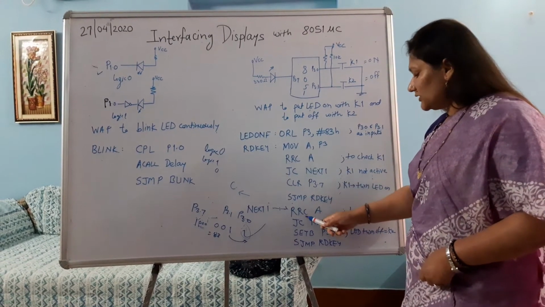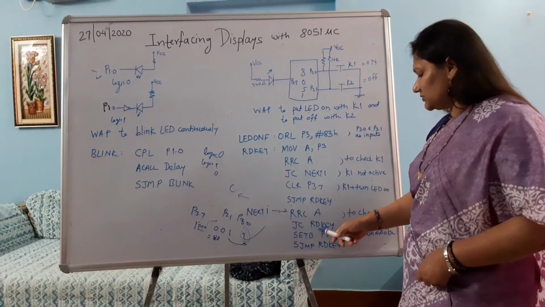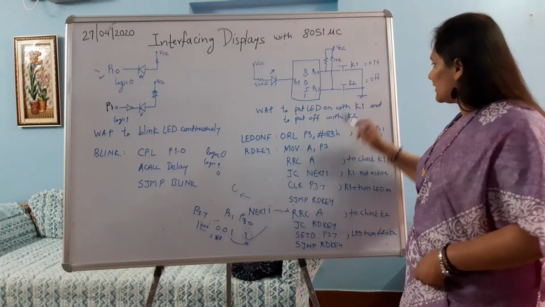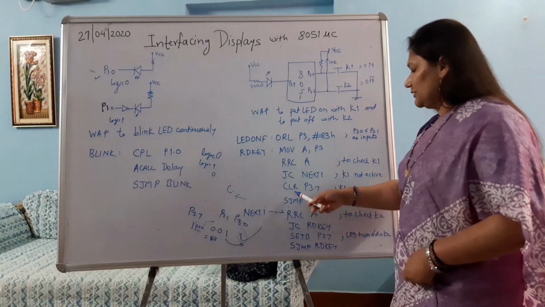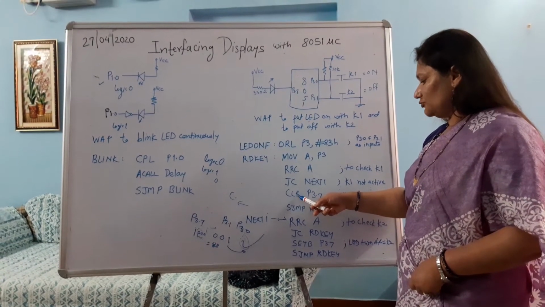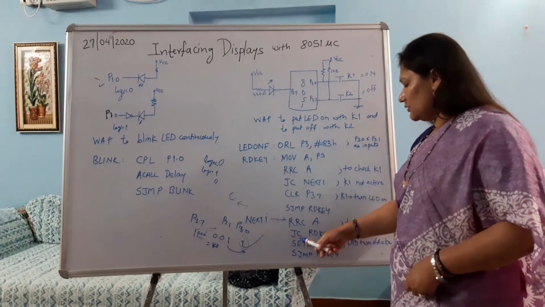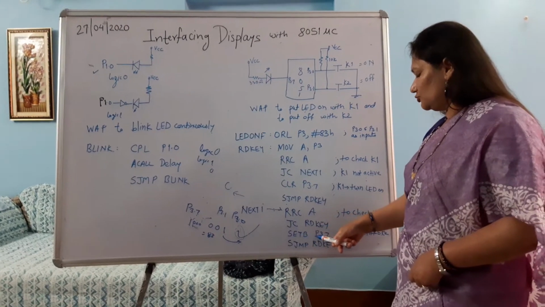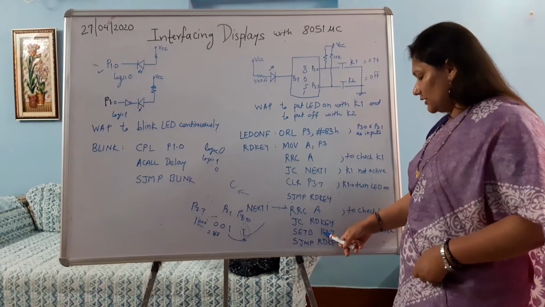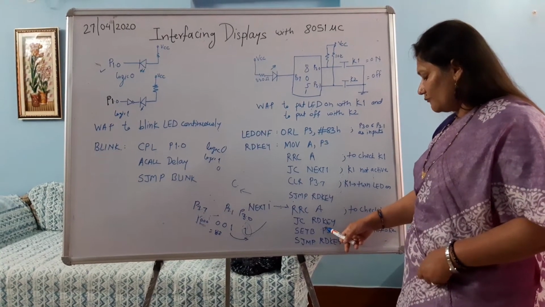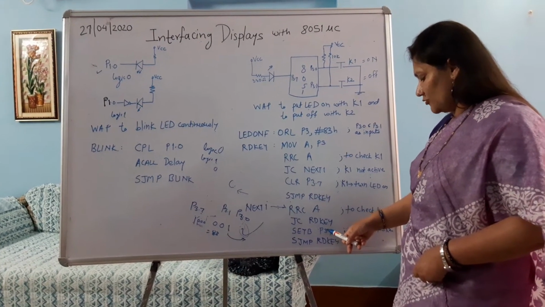Now suppose you find K2 pressed, then what will you do? If K2 is pressed, then you have to put the LED off. So here we were clearing the bit to put the LED on, and here we are setting the bit to 1. Again, because we are not using other port pins, we are only using one port pin, that is 3.7.